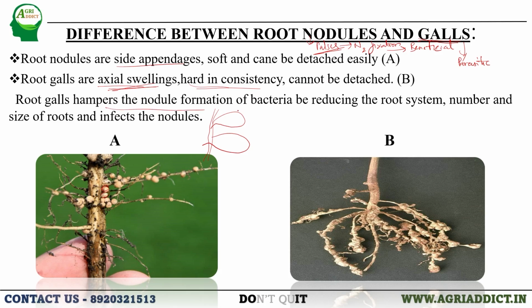Root galls hamper the nodule formation by bacteria, thus reducing the root system, and the number and size of the roots are also reduced. Due to infection by the root knot nematode, the size and number of nodules in pulse crops will be reduced, thus reducing nitrogen fixation, and indirectly reducing the yield of the plant.